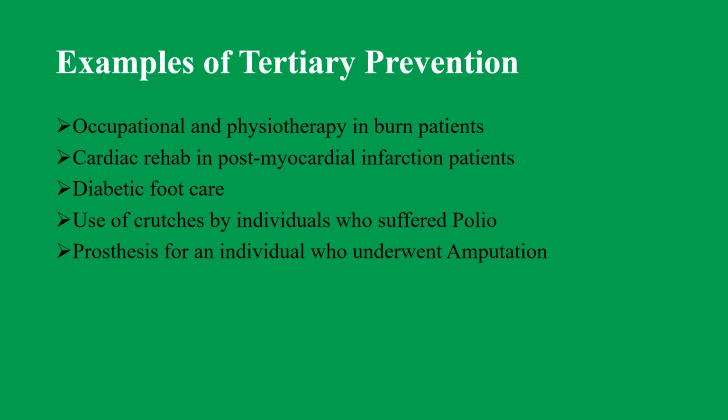So use of crutches by individuals who suffered polio is also another example of tertiary prevention activities. Then giving prosthesis to individuals who underwent amputation of the limbs. So you give them prosthesis at least to help them.